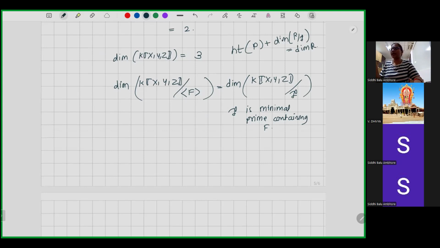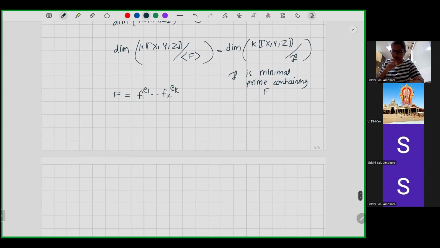If f is f1 power e1 through fk power ek, which I'm writing in general, then since this is my principal ideal, the dimension of k, x, y, z quotiented by f will be equal to the dimension of k, x, y, z quotiented by some fi, in fact.